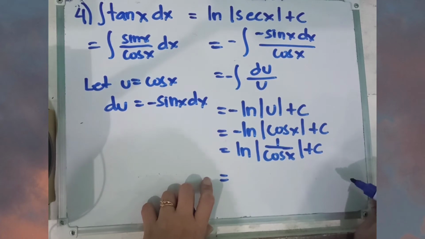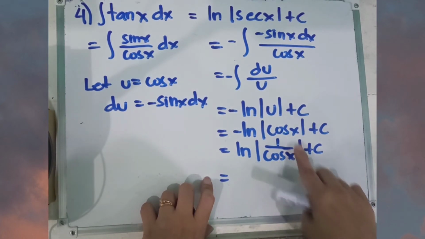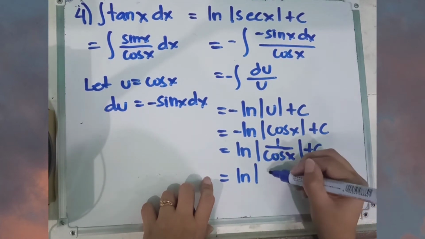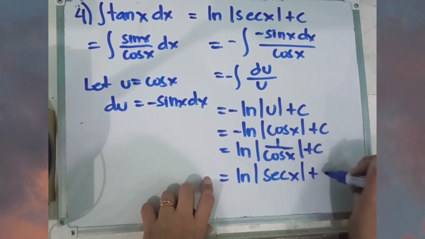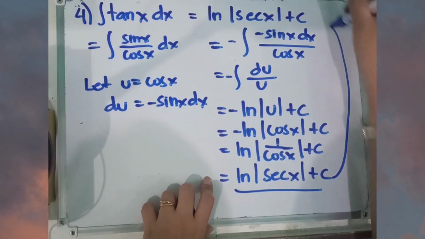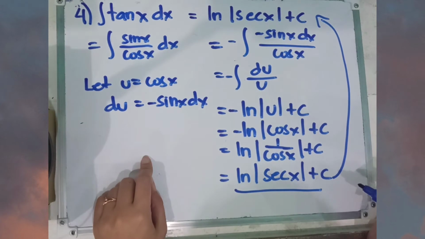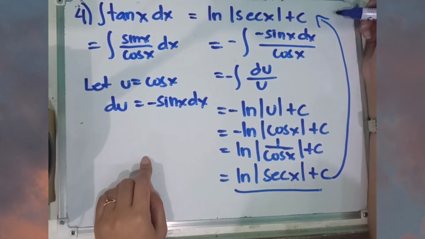And again, for trigonometric identities, 1 over cosine x is simply equal to secant x plus c. So therefore, we have proven that the integral of tangent x dx is really equal to the natural logarithm of the absolute value of secant x plus c.